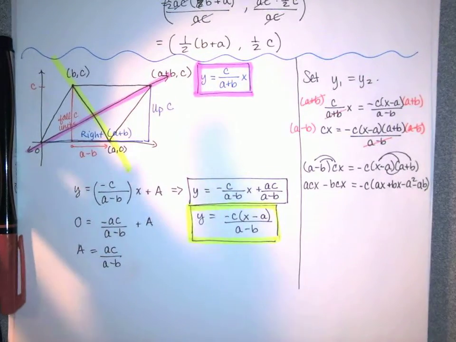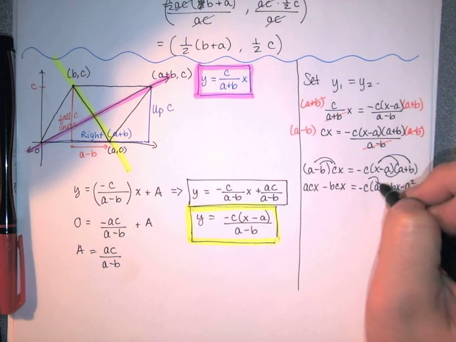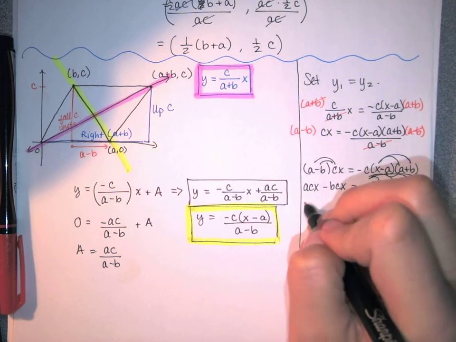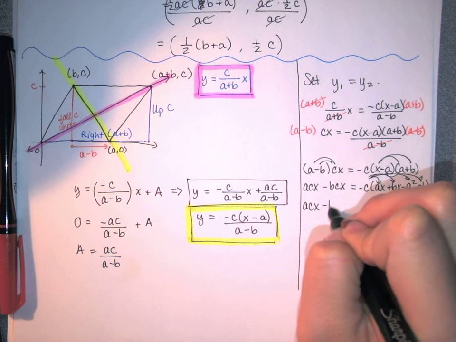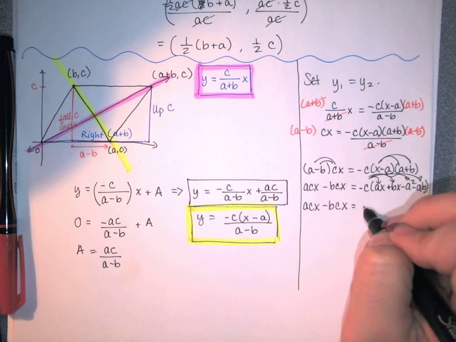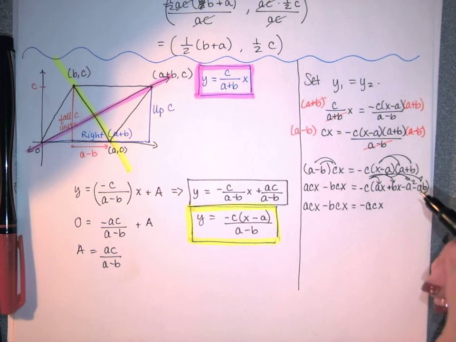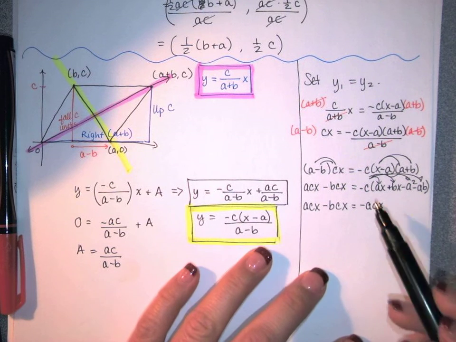Gosh, it's a lot going on. That's okay. Distribute the negative c. Trust the math. Things sometimes get more complicated before they get very, very easy. So we are willing to tolerate the temporary complication.